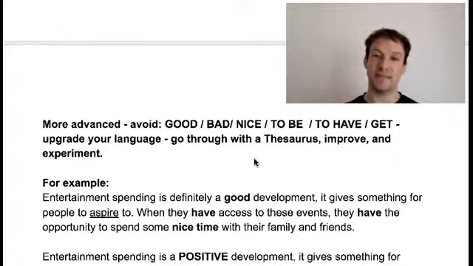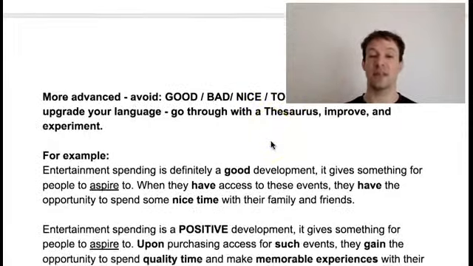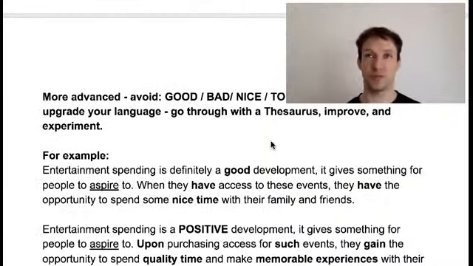So a good place to start is to look for words like good, bad, nice, or verbs like to be, to have, to get, and we can upgrade them. Okay, we can show the examiner that we know how to use words that are slightly less common and more specialized and more specific.